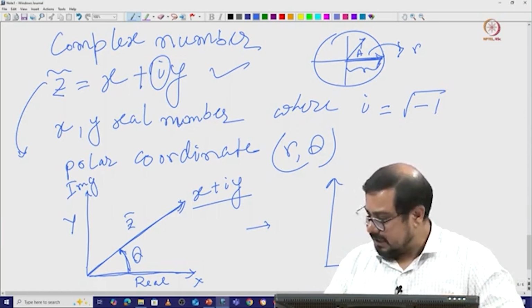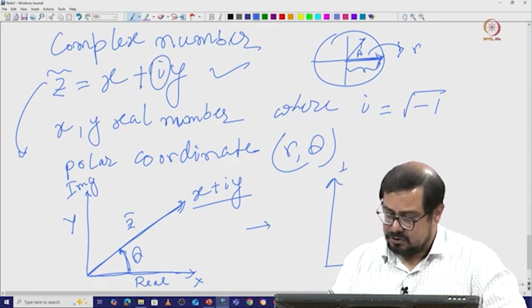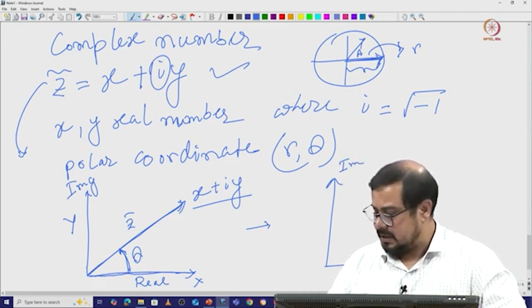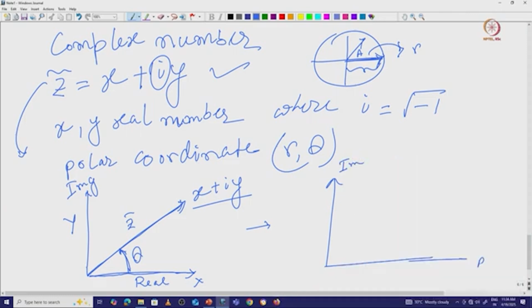Again, this will be our imaginary coordinate and this will be our real, and we have the same vector, whose amplitude we represent as r.